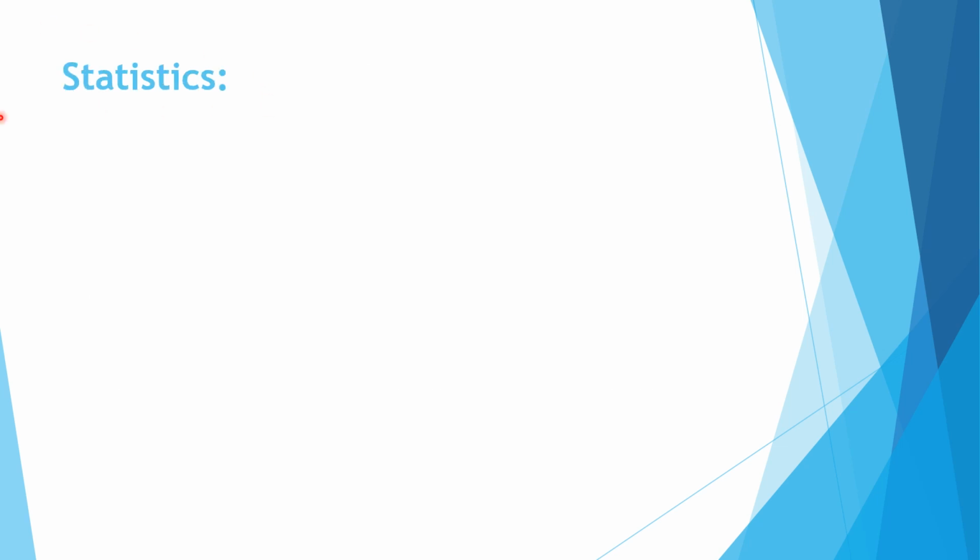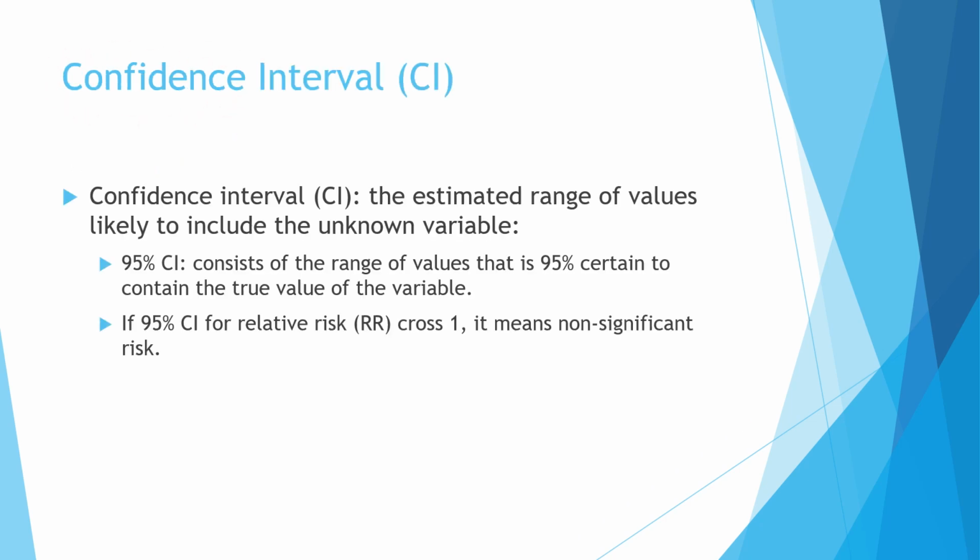Now let's talk about statistics, some of the questions that can come in your exam related to statistics. Confidence interval. A confidence interval is the range of values that is most likely to include the unknown variable that you're studying. So a 95% confidence interval, this is what we usually measure and report. A 95% confidence interval is the range of values that has a 95% chance of containing the true value of the variable that we are measuring.